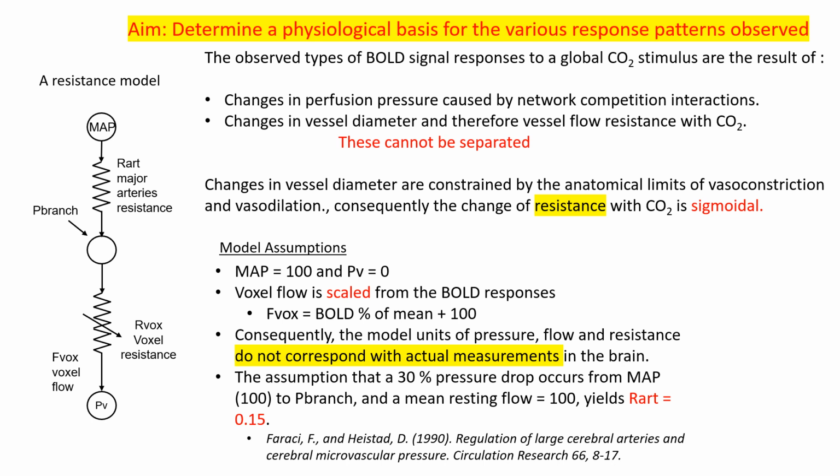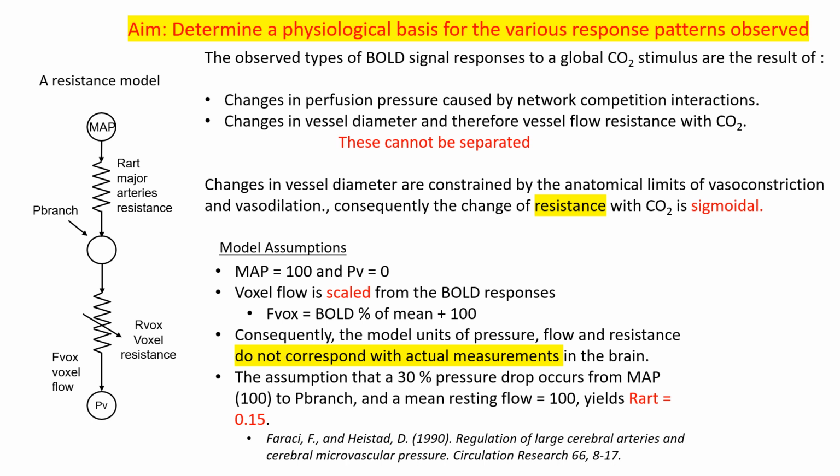The assumptions for modeling this physiology in terms of competition between regional resistances are as follows. We take the mean arterial pressure as equal to 100 and the venous pressure as 0. Voxel flow is scaled from the BOLD responses as BOLD percent of the mean plus 100, and consequently the model units of pressure, flow, and resistance do not actually correspond with real measurements in the brain.